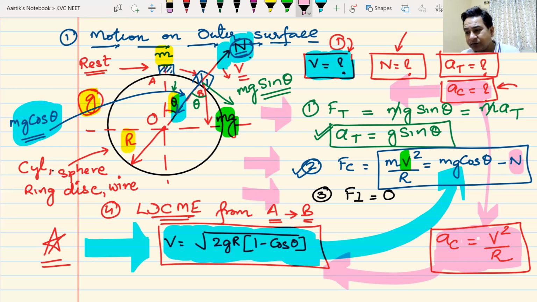Velocity is already known. You can find out normal reaction from equation number 2. You can find out tangential acceleration from equation number 1. You can find out centripetal acceleration because you know centripetal acceleration is v squared by R. So far, so good.